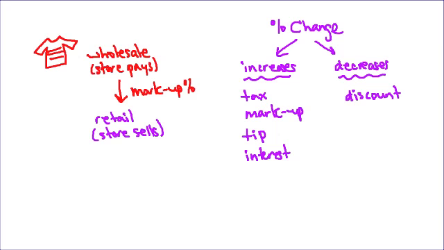But here's the thing, sometimes the store isn't actually able to sell it for that, so they need to apply a discount, and that's what we all look for. We want a sale. Once we apply the discount, we get what I'll just call the sale price. That's what the store actually gets for it.